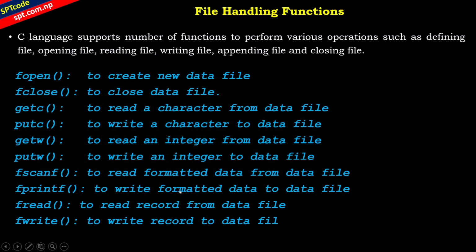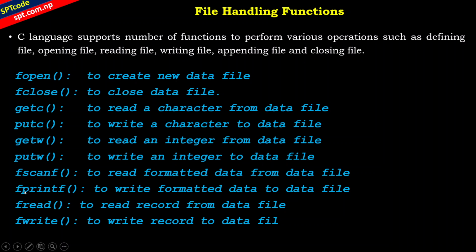I have told you all this, and I will go through it practically. getc reads a character from the data file, character by character. putc helps to write the data character by character into the file. getw works with integer data only, and putw also works with integer data.